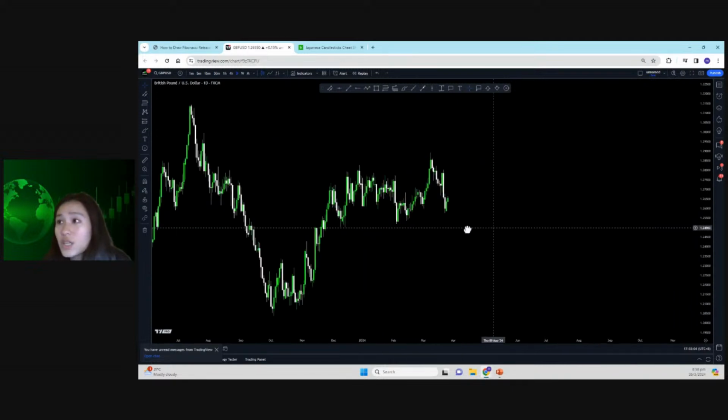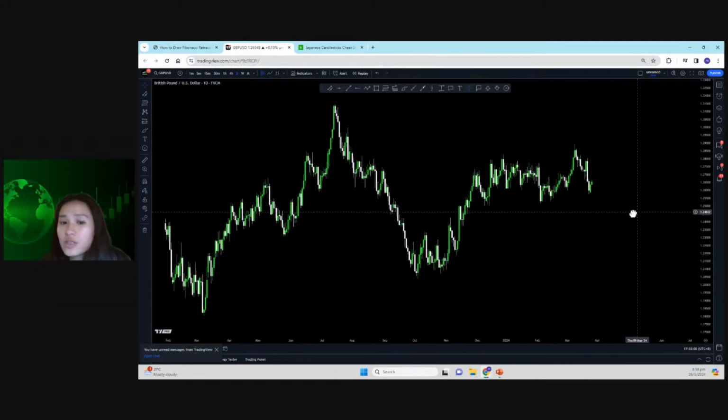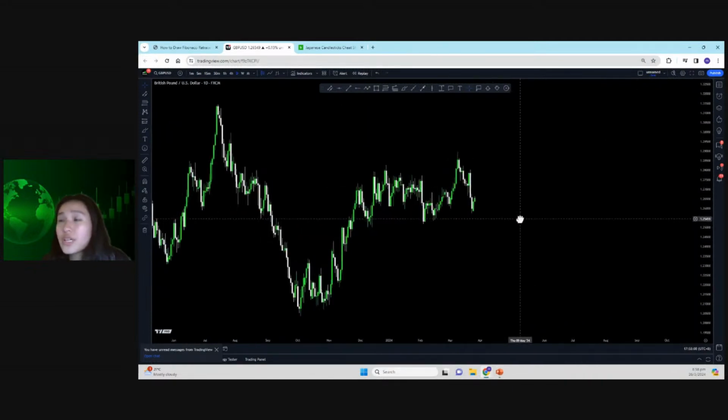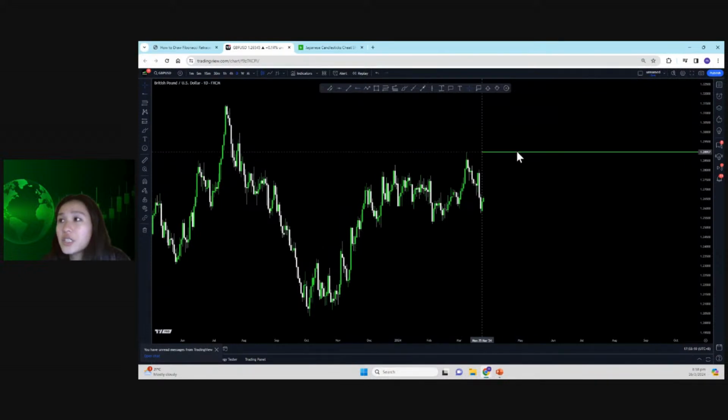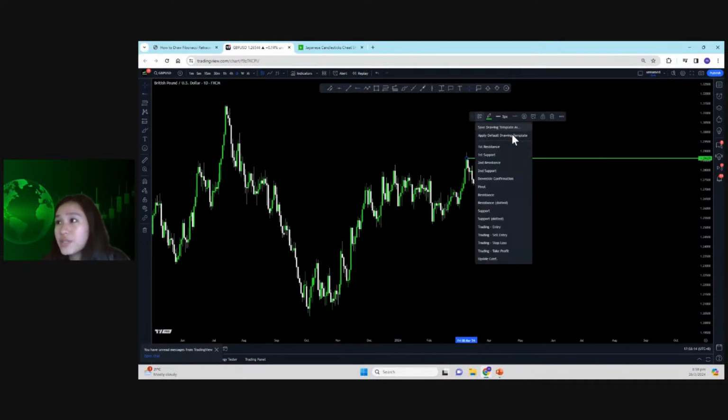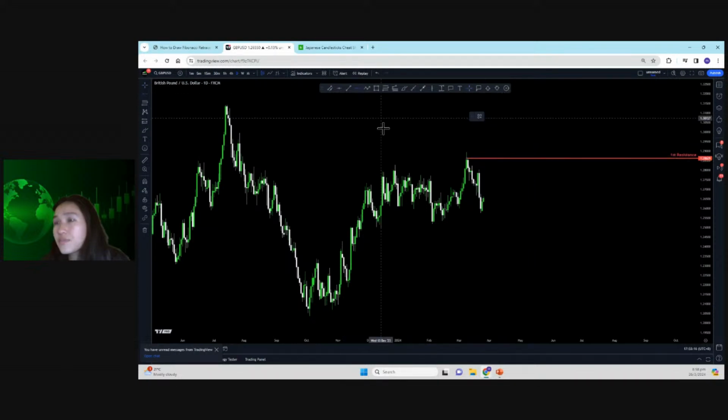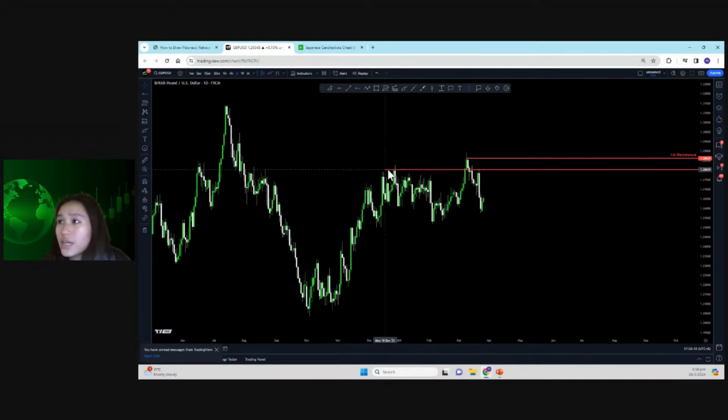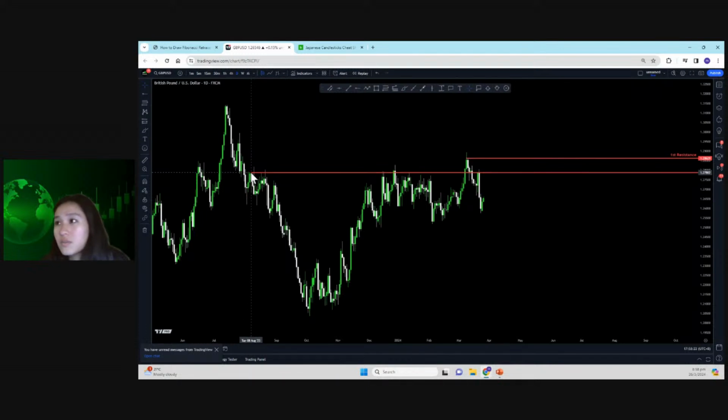So I'm going to start off by adding our horizontal levels since we already know the general direction is in an uptrend. So I'm going to place my first resistance here and my intermediate resistance over here.